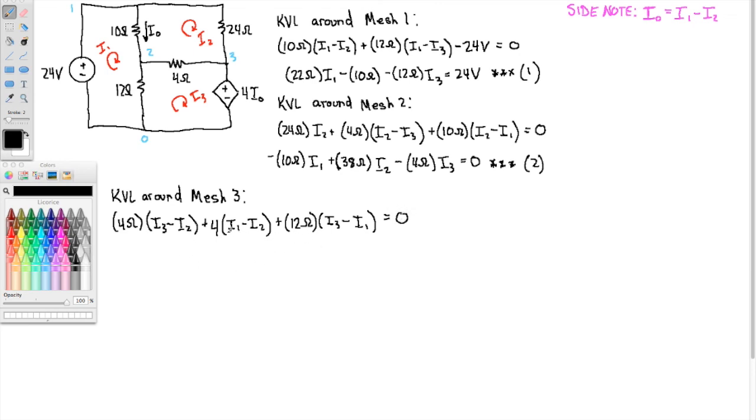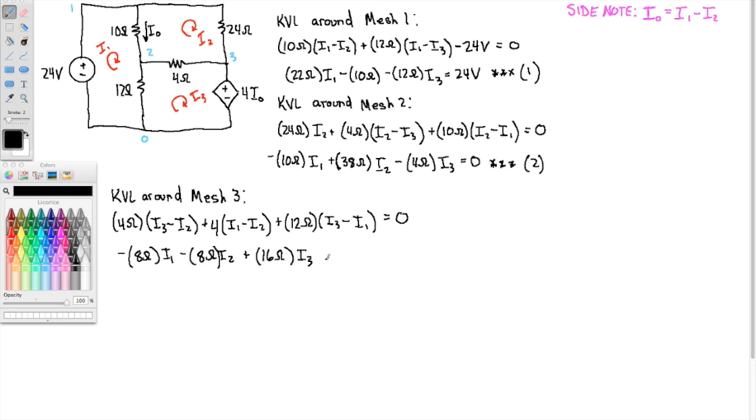Combining like terms, I have 4I1 and a minus 12I1, so that makes minus 8 ohms I1. For I2, I've got a minus 4 and a minus 4, that makes minus 8 I2. For I3, I've got a 4I3 and a 12I3, so that makes 16 ohms times I3.